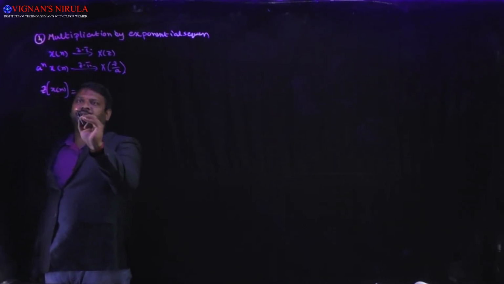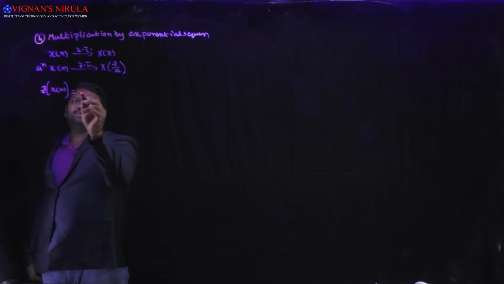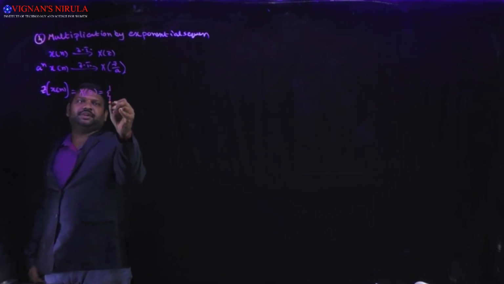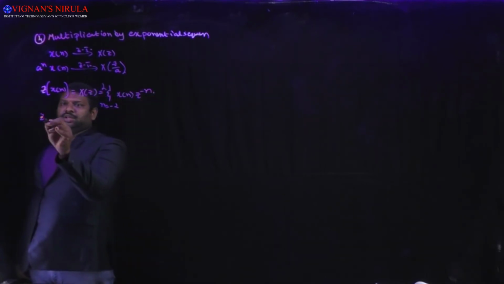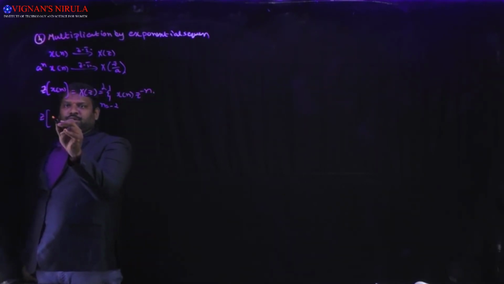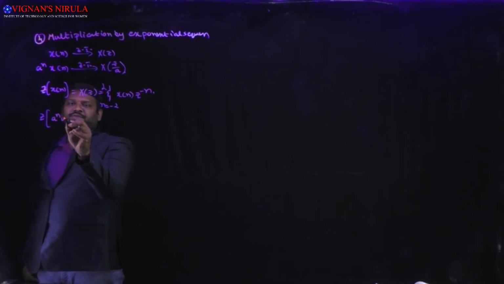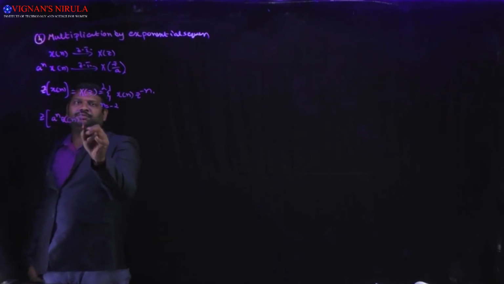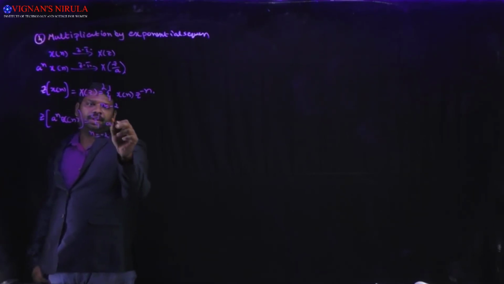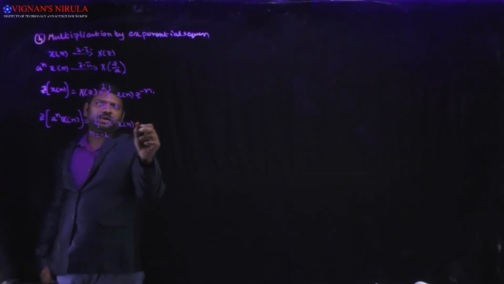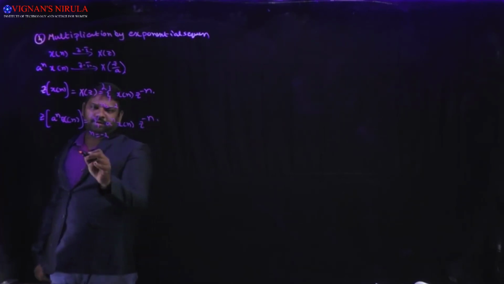The z transform of x of n will be given as x of z, summation n varies from minus infinity to infinity x of n z power minus n. Z transform of a power n x of n will be given as summation n varies from minus infinity to infinity a power n x of n z power minus n.